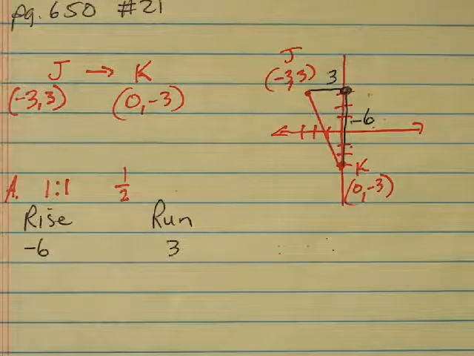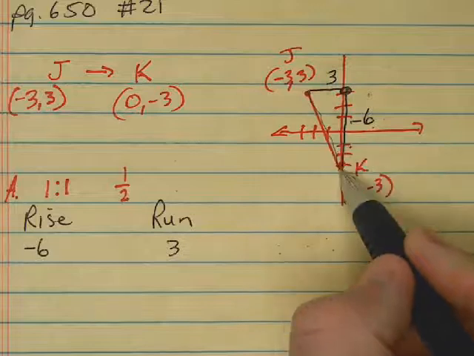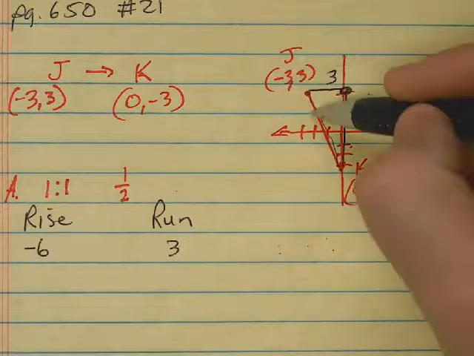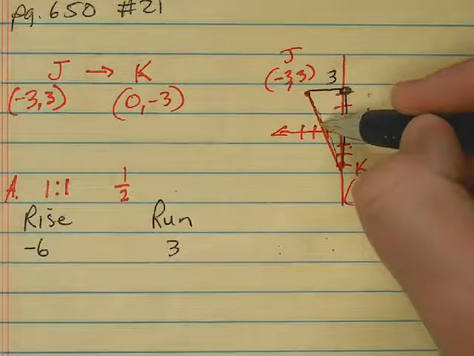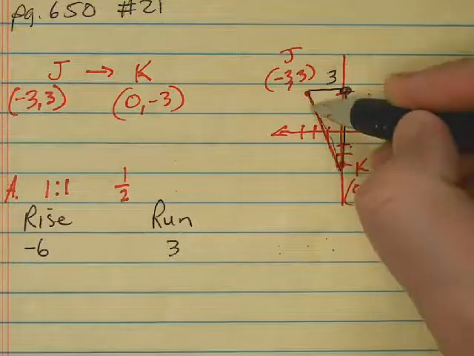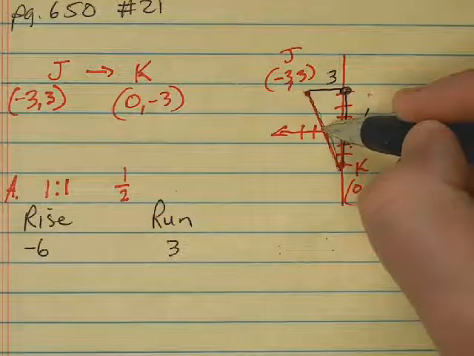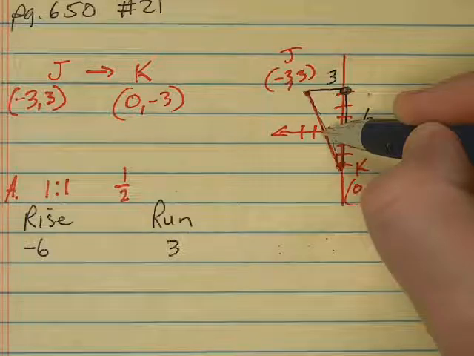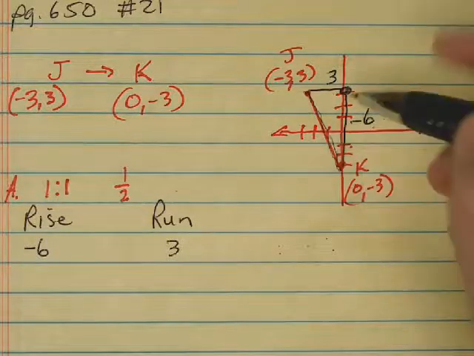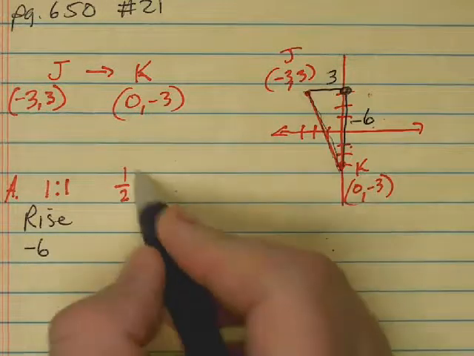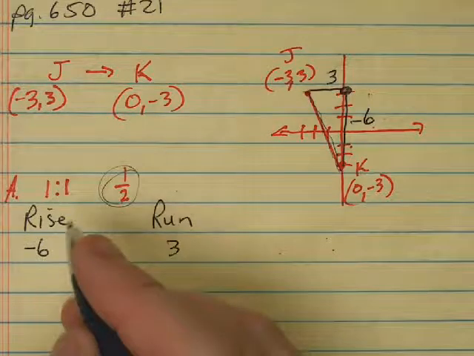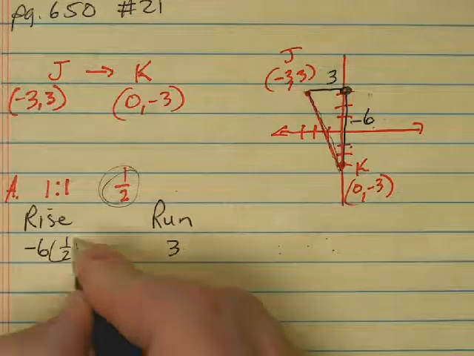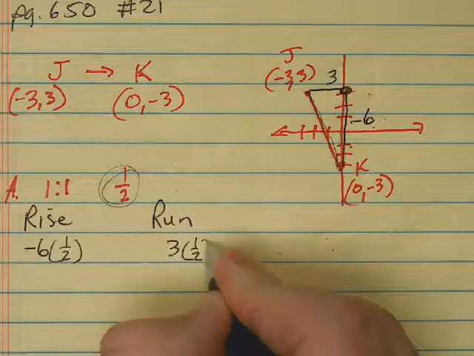Well, remember, I'm not going the whole distance here. Remember, wherever I put P, I'm going to stop somewhere. And this one, I'm going to try and stop right in the middle, right, where it's 1 to 1. That's the idea. Okay, so how I do that is I take the 1/2 and I apply it to both the rise and the run.